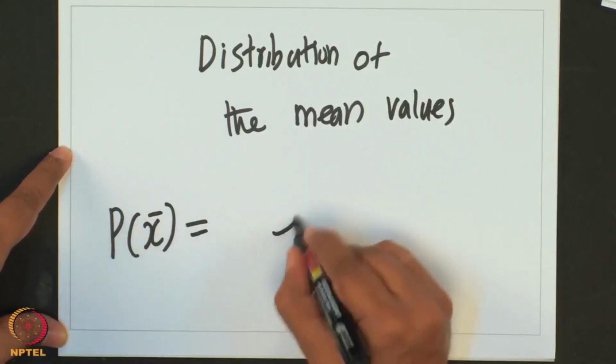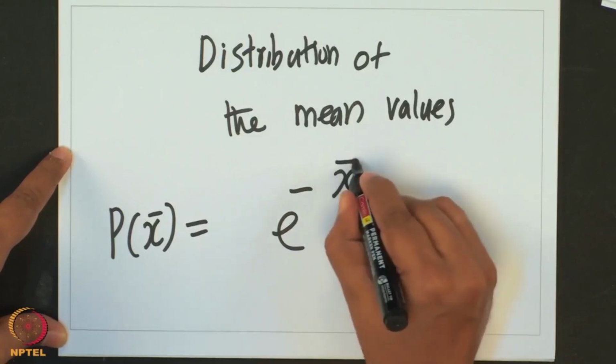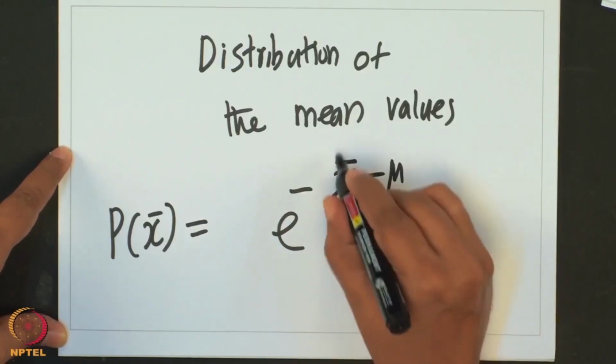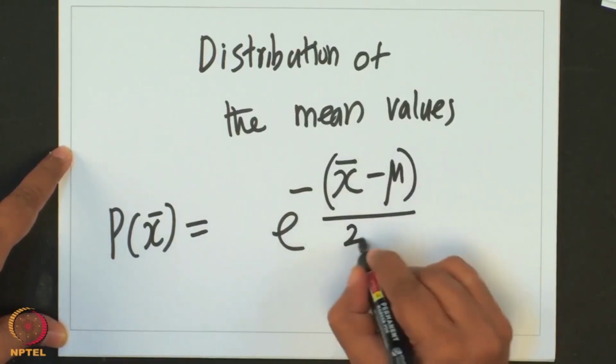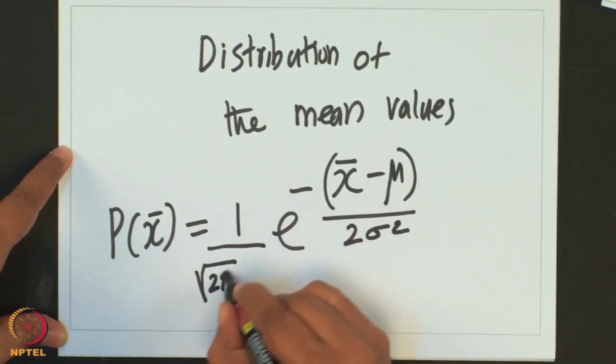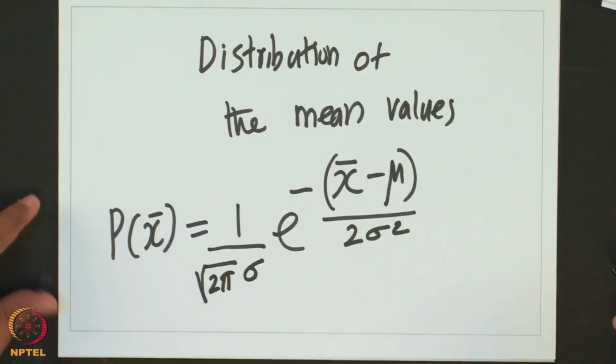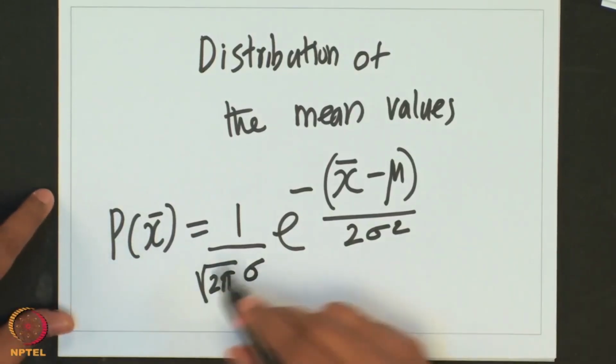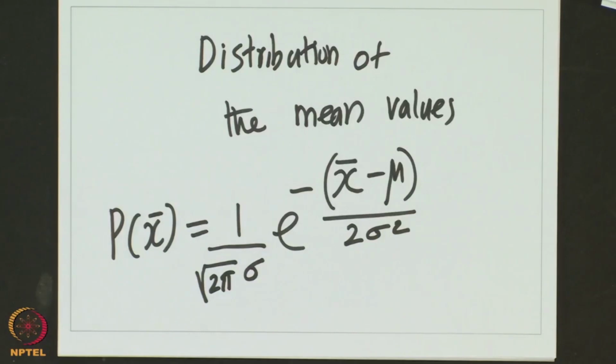Of course, this also has to have a mean of the mean, so I would write x bar minus mu, divided by 2 sigma square, with 1 by root 2 pi sigma. So this would be the distribution of the mean itself.